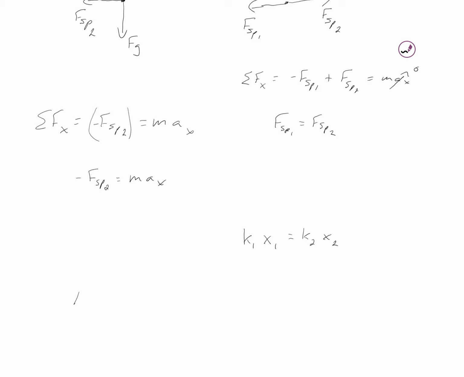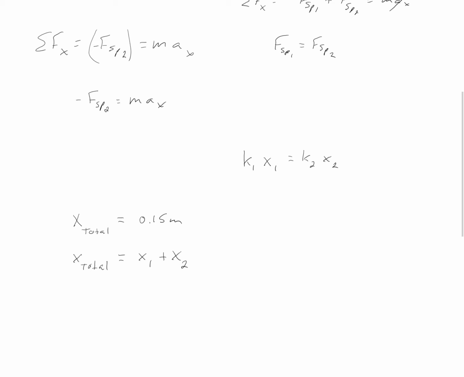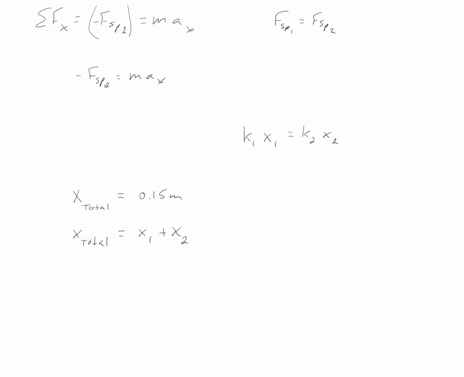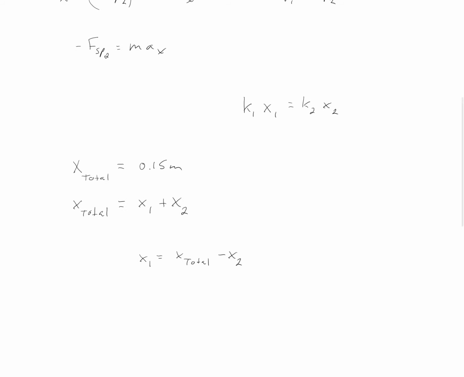So I know that X total is equal to 0.15 meters, and X total is the stretch from spring 1 plus the stretch from spring 2. This will allow me to write x1 in terms of x2, and then substitute into our equation.